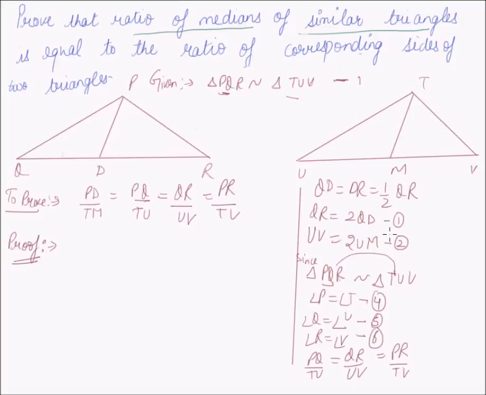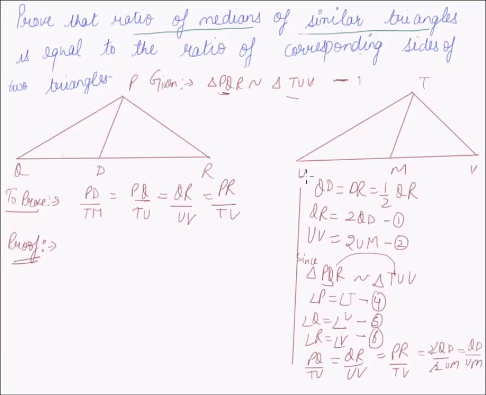Now from 1 and 2 we can say that QR is twice of QD and UV is twice of UM. So in place of the ratio QR over UV we can also substitute this ratio, or we can say that it is nothing but QD over UM, because 2 gets cancelled by 2.